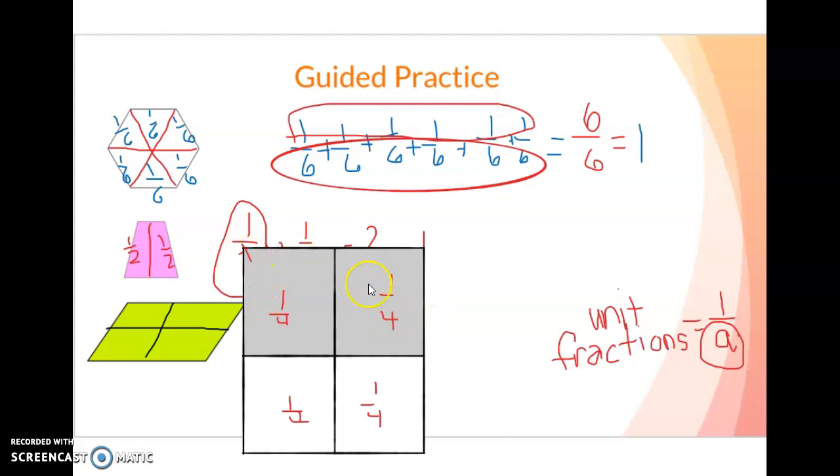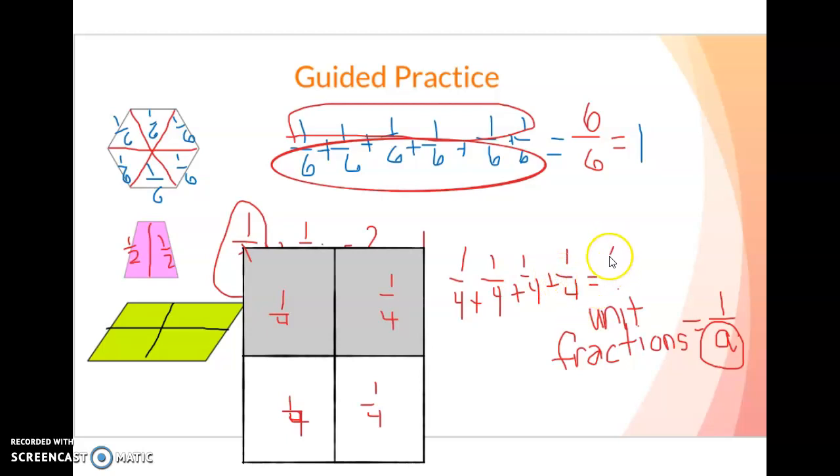So each 1/4 plus 1/4 is equal to 4/4, which again is equal to 1 whole, because each one of my fractional parts represents the whole entire square.